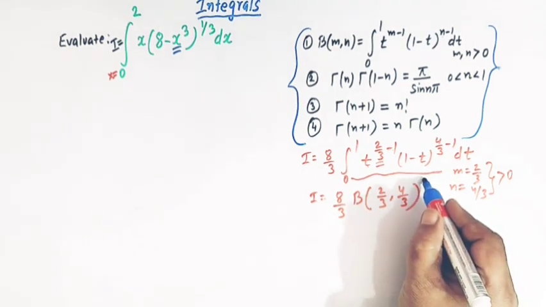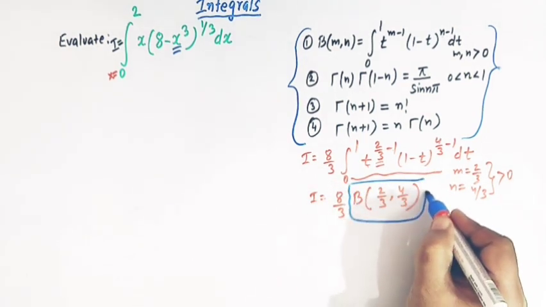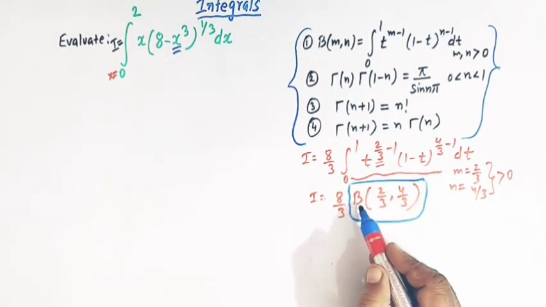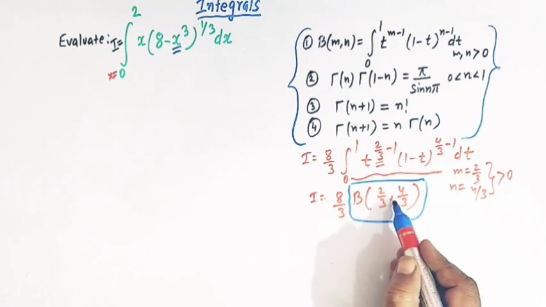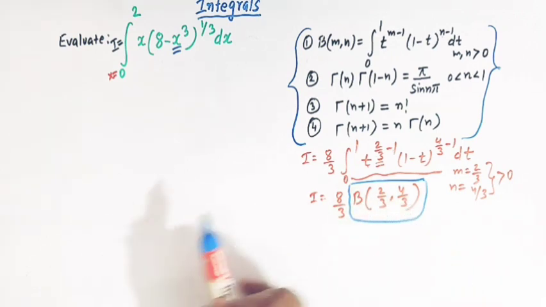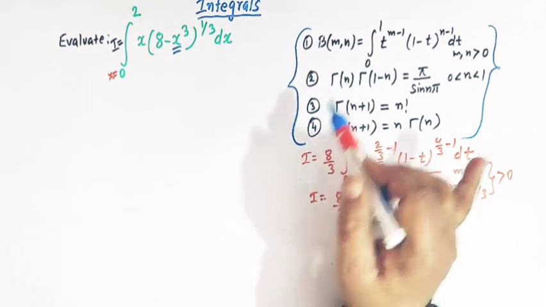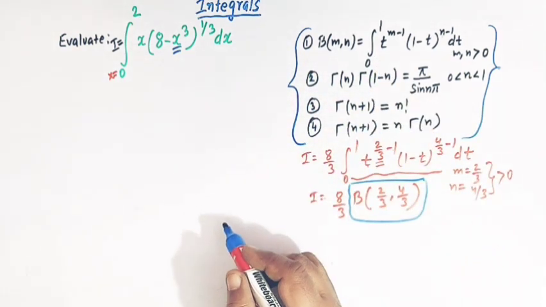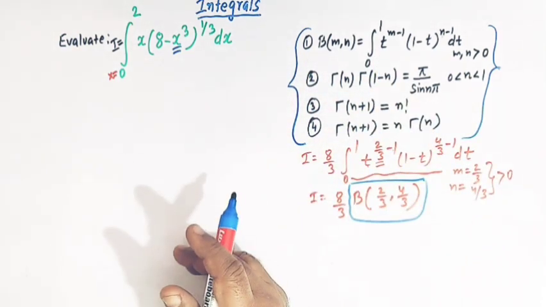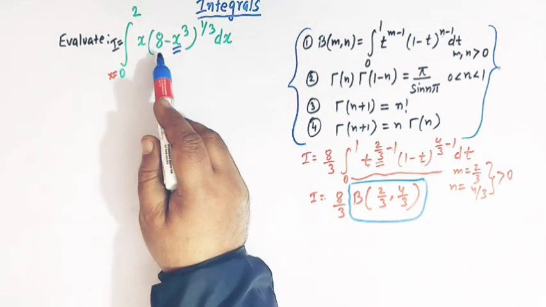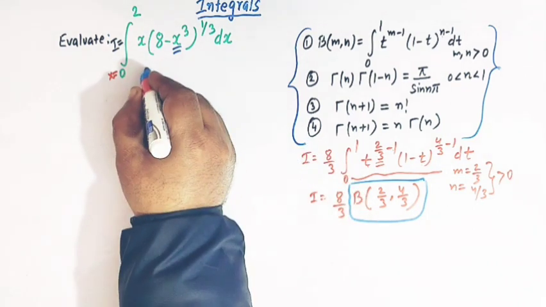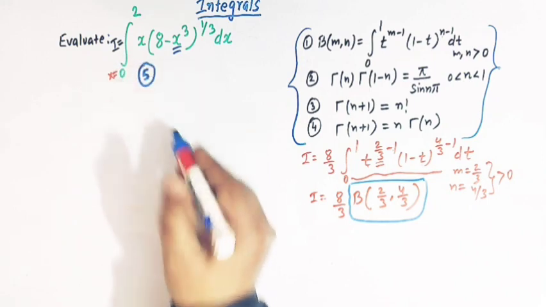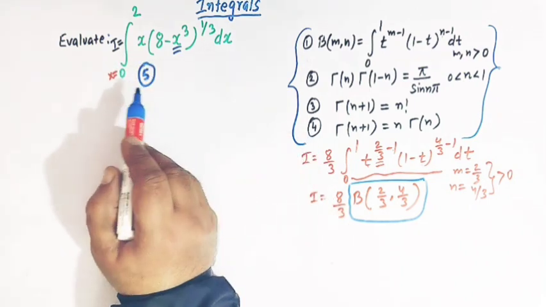So now we have to find the value of this function, that is beta function, beta of 2 by 3 comma 4 by 3. Now here we have mentioned only 4 results, but there is one more important result, which is used in this integral, and we can name it as the fifth formula.